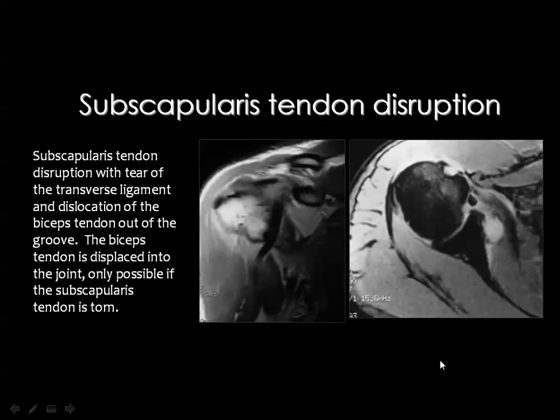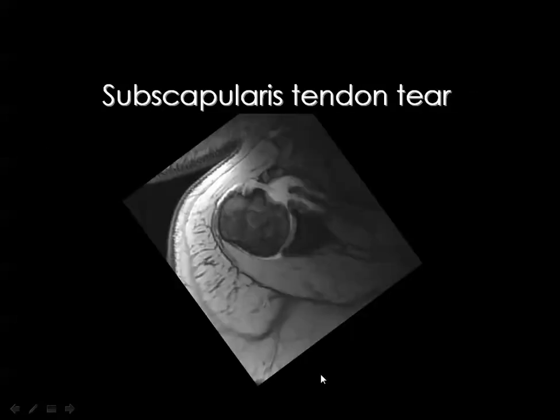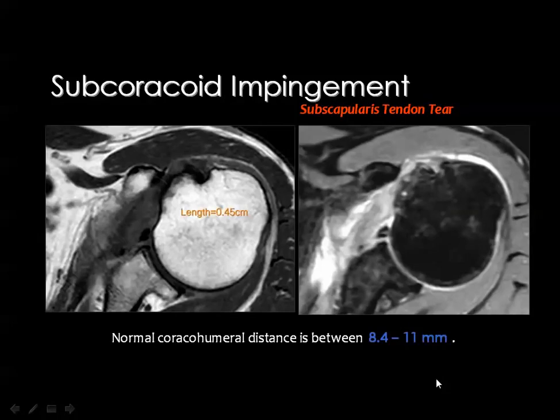It's relatively difficult to evaluate the dislocation or subluxation of the tendon in the coronal images. And this is the subscapularis tendon, and this is the biceps tendon, of course, which should be here. It has been dislocated outside the groove. And in this example, you can see the cut edge of the subscapularis tendon and the gap between the tendon and the insertion site in the lesser tuberosity.